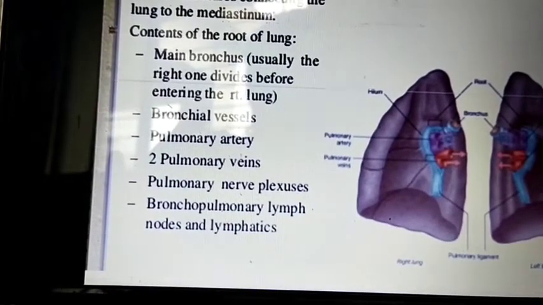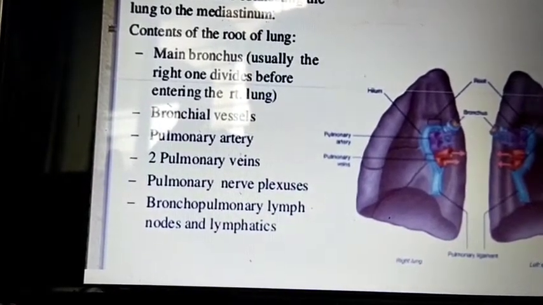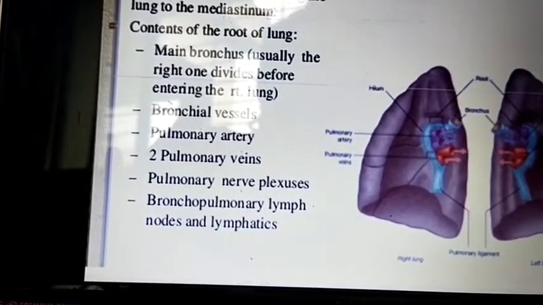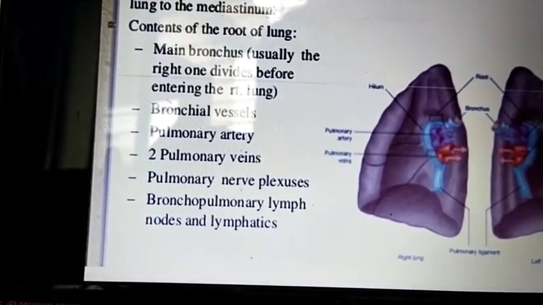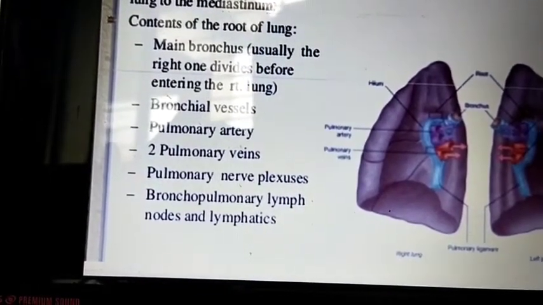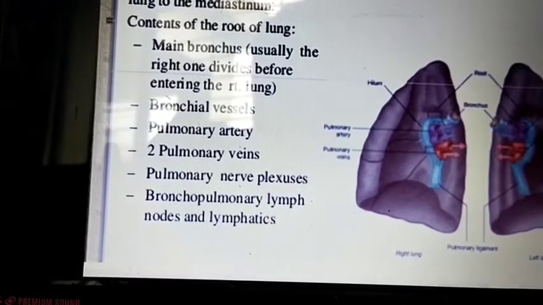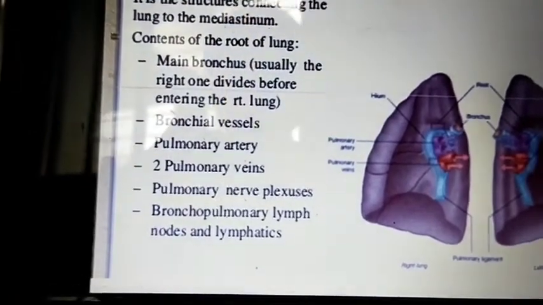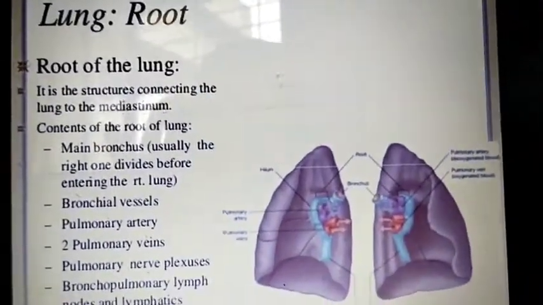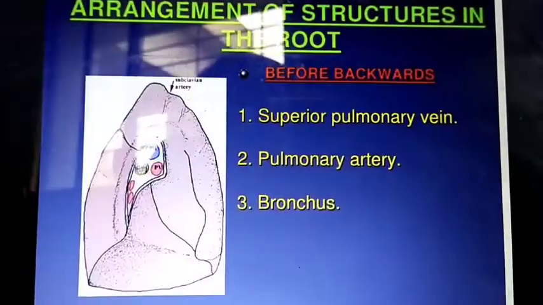Mainly the bronchus on both sides, usually the right one divided before entering the right lung, bronchial vessels, pulmonary artery, pulmonary vein, pulmonary nerve plexus, and bronchopulmonary lymph nodes and lymphatics. These come under the root of the lung. Let's go to the next slide.